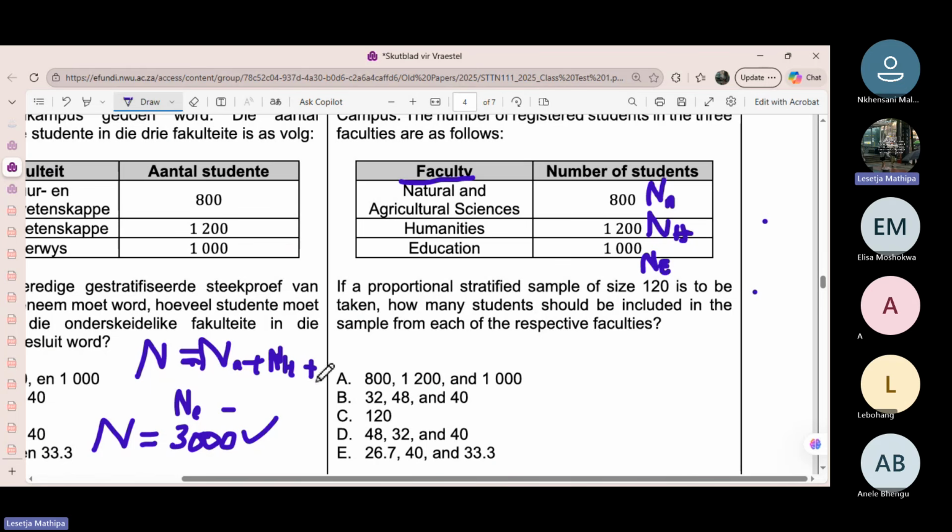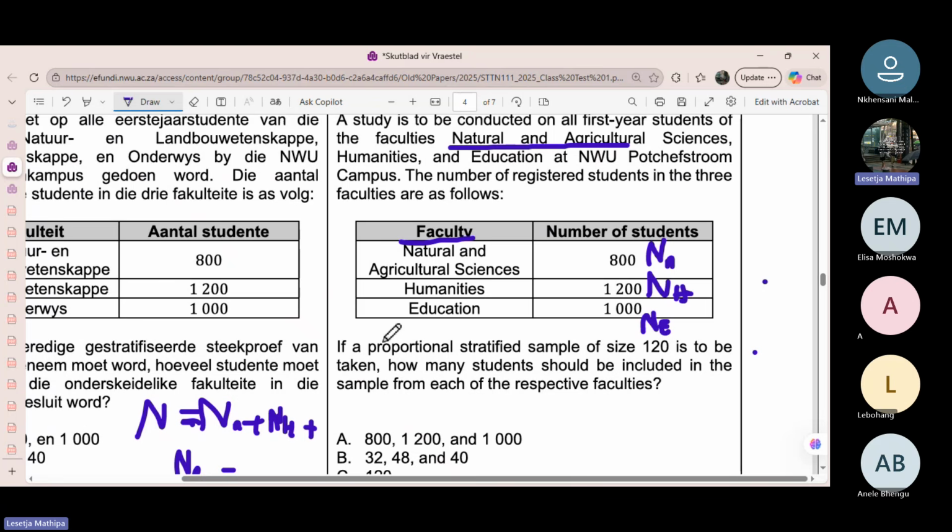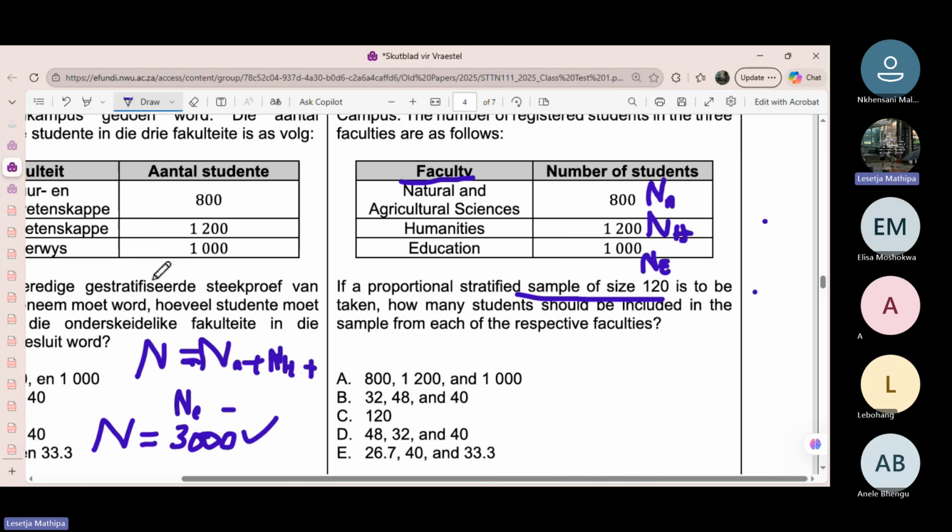Right. Okay, 3,000. Now they say if a proportional stratified sample of size 120. So this 120 is what? It's small letter n. So small letter n is equal to 120. Now they said how many students should be included in the sample from each of the respective faculties?